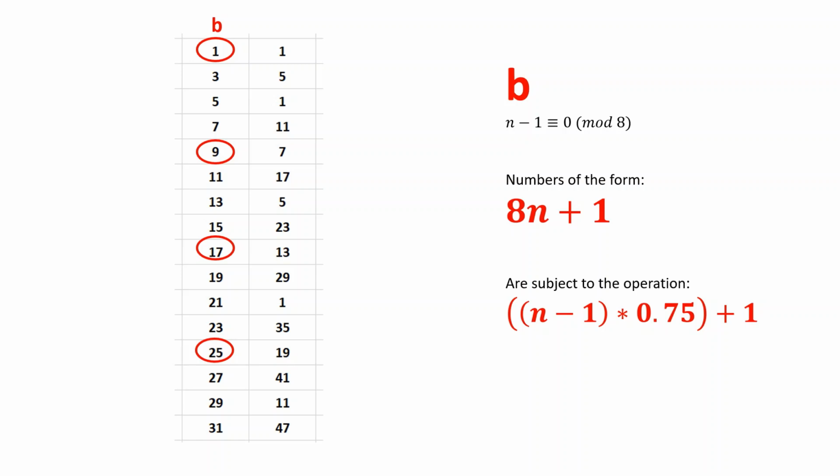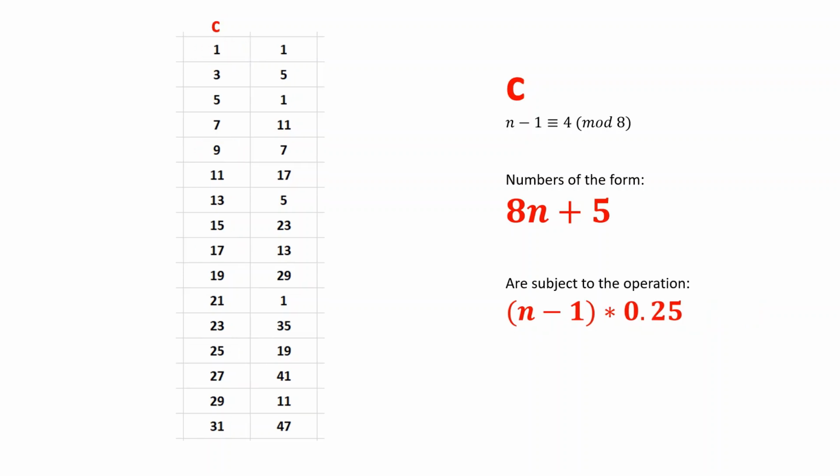I call this operation B for convenience. If you're wondering how 1 can belong to this class, you just need to do the arithmetic. If n equals 0, then 8 times 0 plus 1 equals 1. And also 1 minus 1 is congruent 0 mod 8.